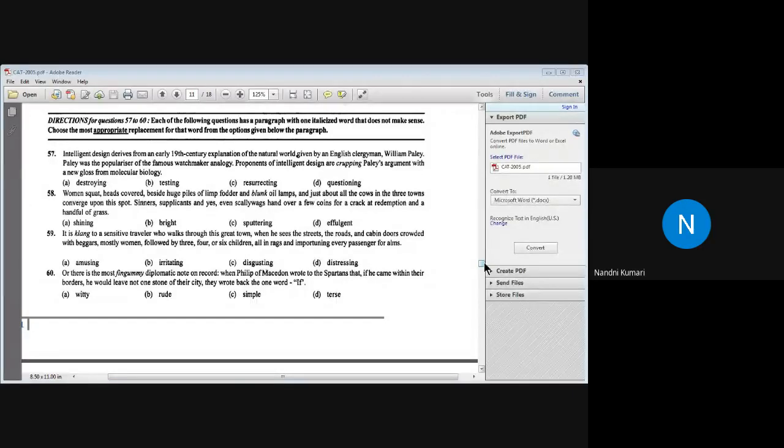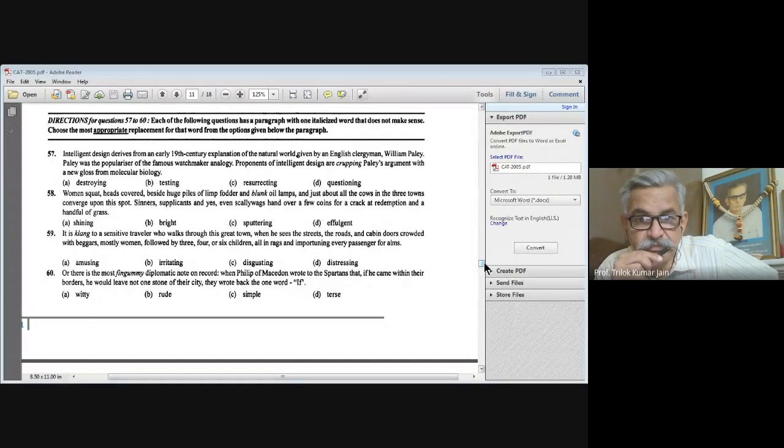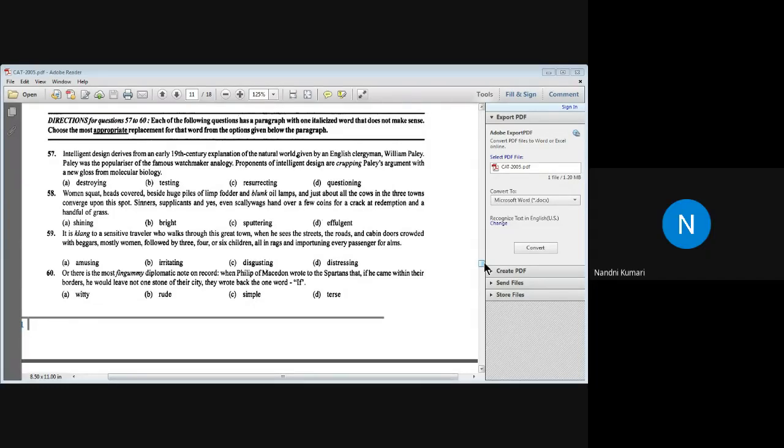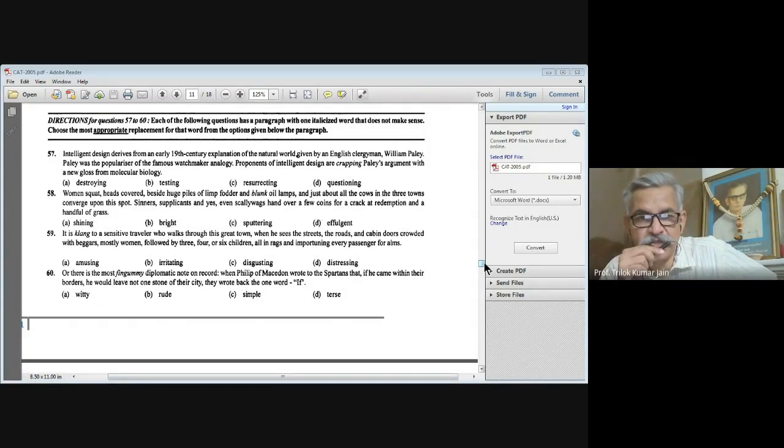Tell me which is the best option. Sir, what is the meaning of effulgent and sputtering? Which word is not clear? Sir, effulgent. Effulgent means radiant, shining.